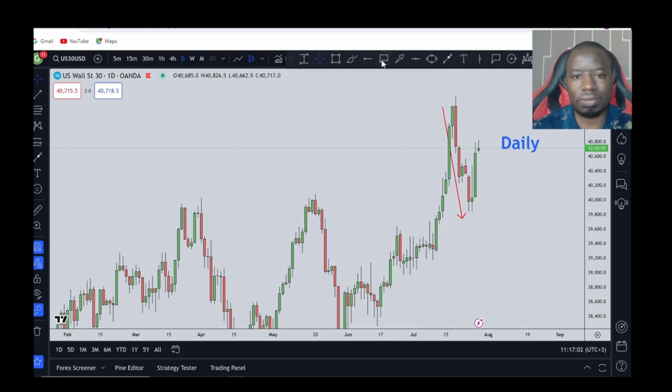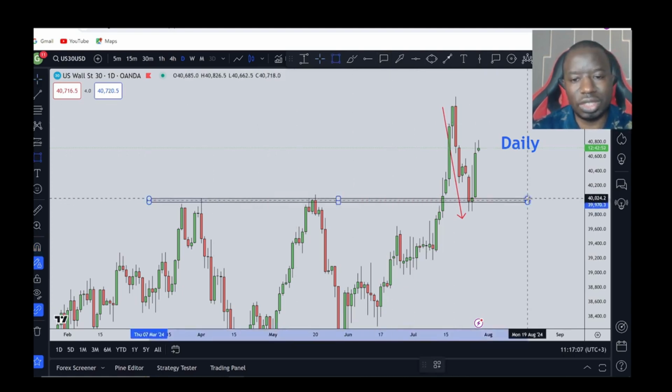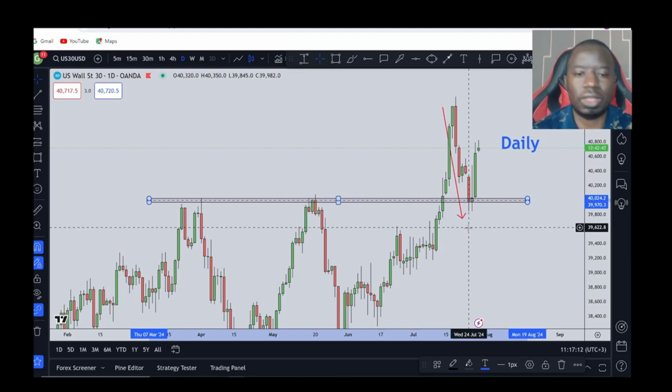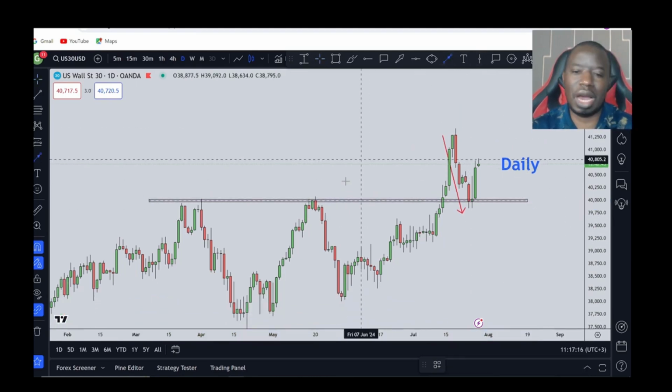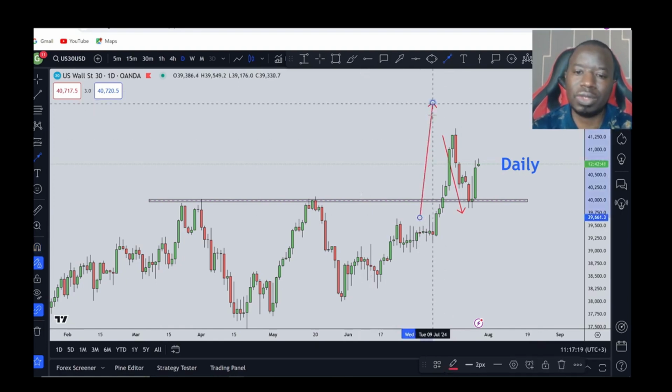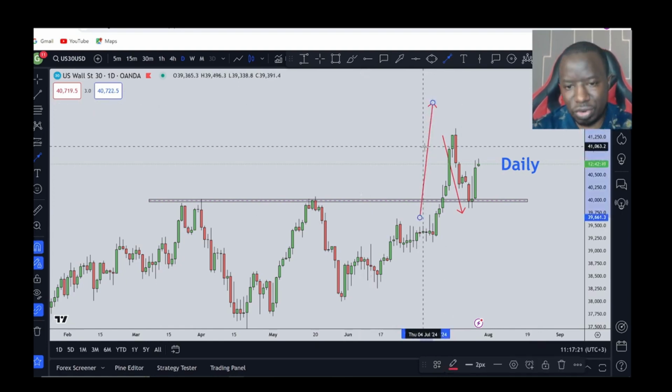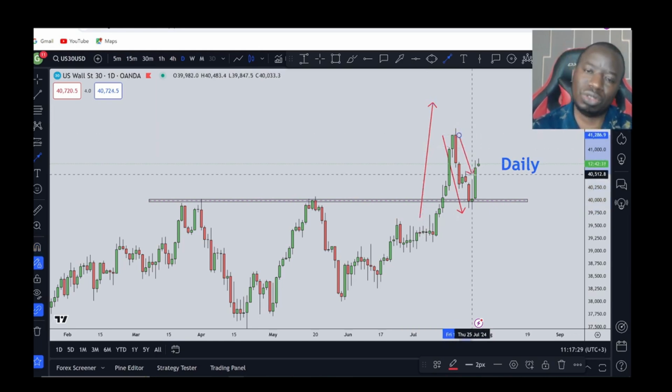Look at this. You see, there's this resistance area that had been created, that price had formed in the market. Now, it had broken impulsively above it to the upside, but it had to retrace. There were some gaps left in the market that had to be filled, and so the filling of such gaps had prices drop to the downside.